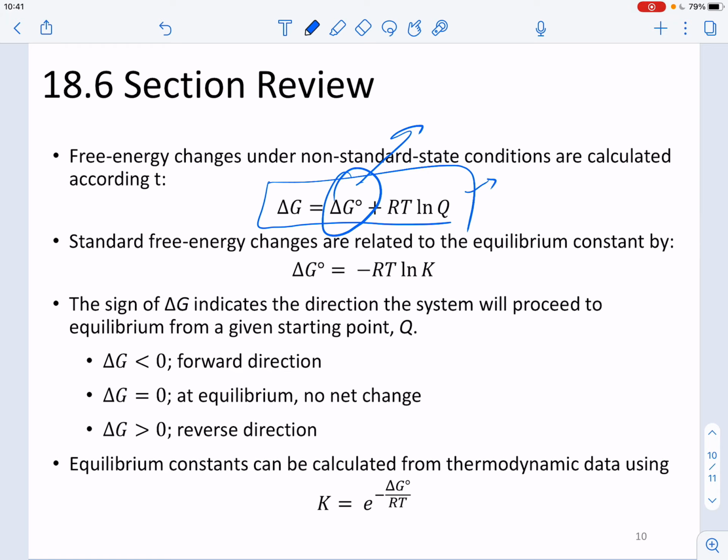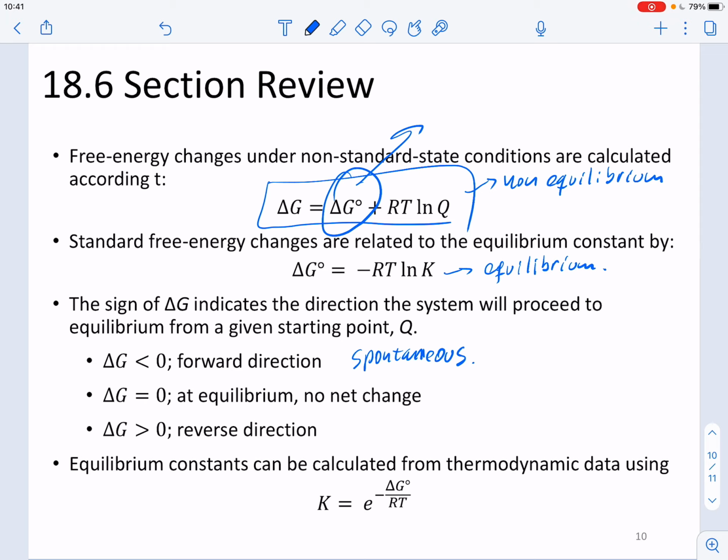This basically is non-equilibrium conditions, and of course if you are at equilibrium conditions then you use K. Okay, and if we are working with equilibrium conditions and now we are incorporating the constant, then remember that delta G, if it's negative, means spontaneous in the forward direction.